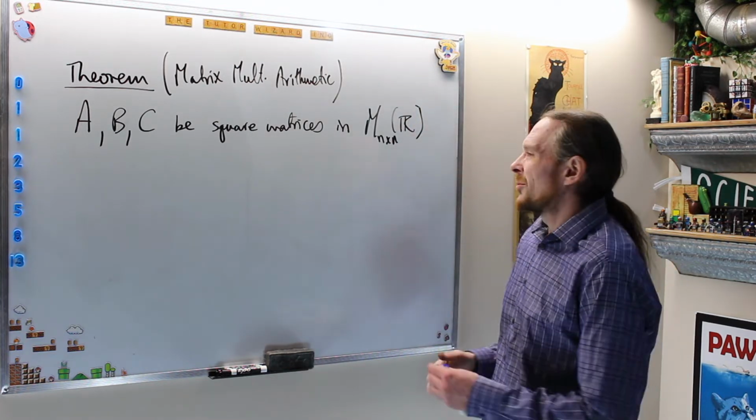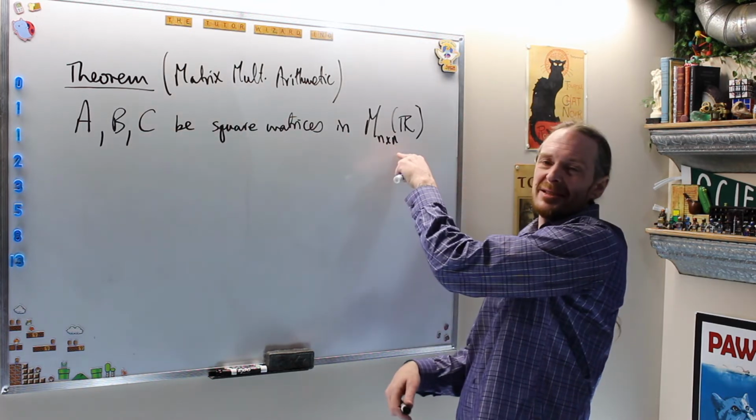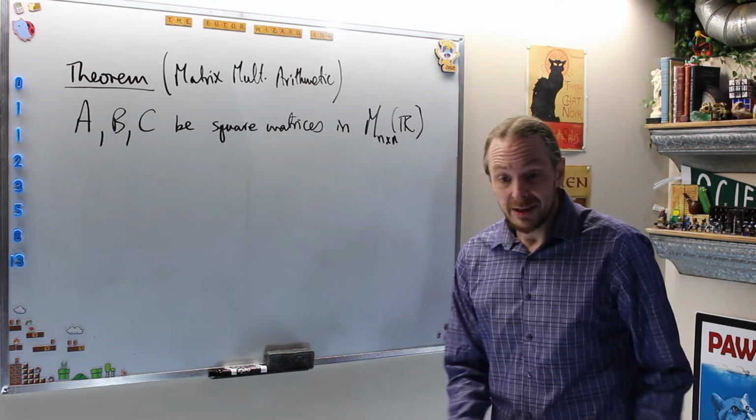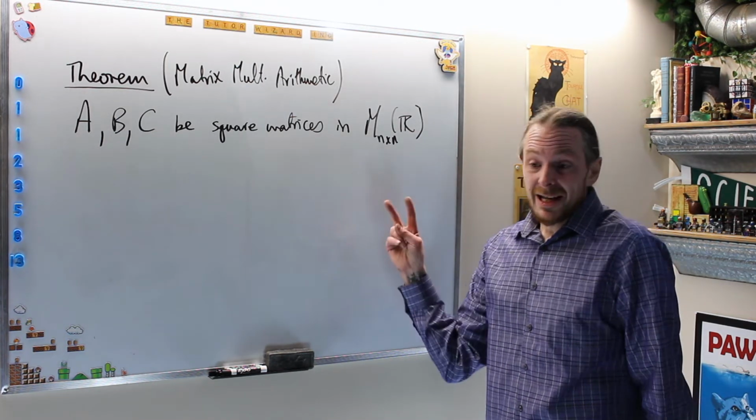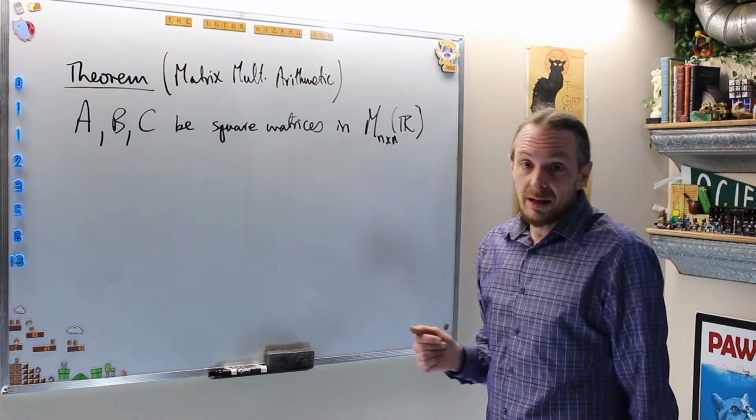In the more general theorem, we need them to be in the appropriate spaces so that we can do this mixture, but we're just going to pretend that they're all square matrices. So matrix multiplication is defined in both directions, but they may not be commutative.